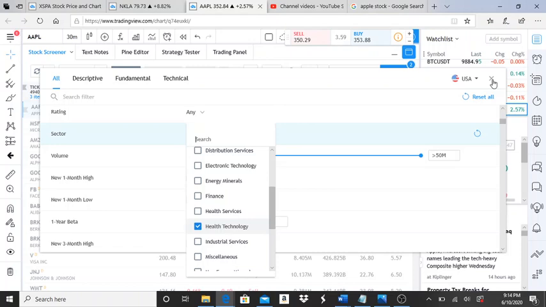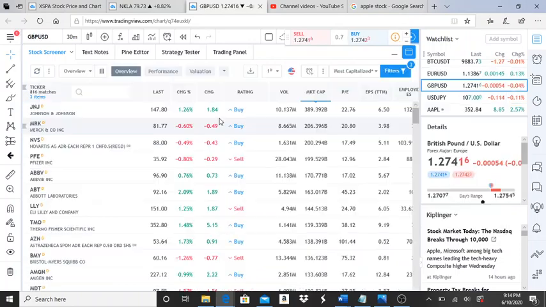I apologize that my computer is actually freezing as we speak, but it narrowed down to 816 matches. This was 7,000 different ones, and here we are. We got Johnson and Johnson, and Pfizer, and AbbVie, and Lilly. These are all big known brands, and you could see they're the most capitalized in the stock market.